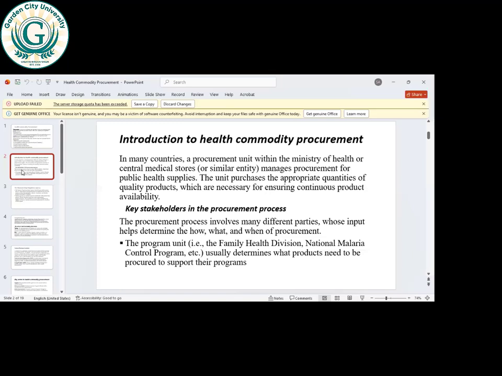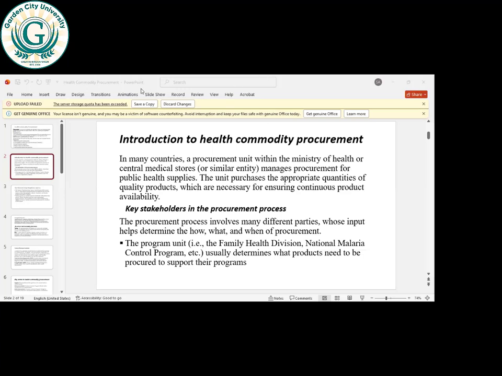Okay, you're welcome. All right. Yeah, Belinda, when we get there, I will explain the bidding and the tendering. When we get there, you will understand it properly.